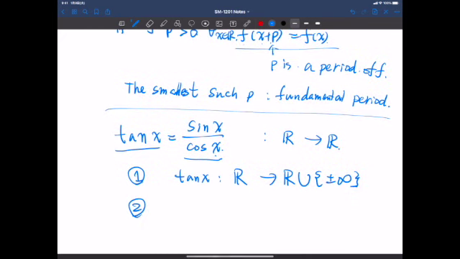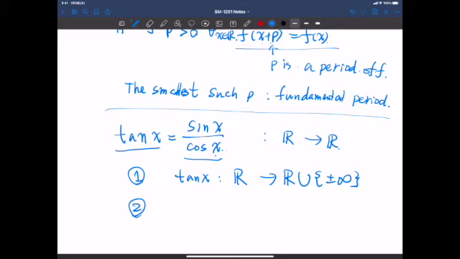Or we simply exclude from the domain where cosine x becomes 0.